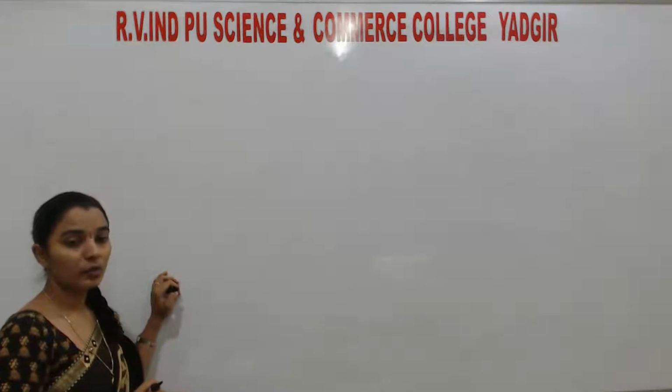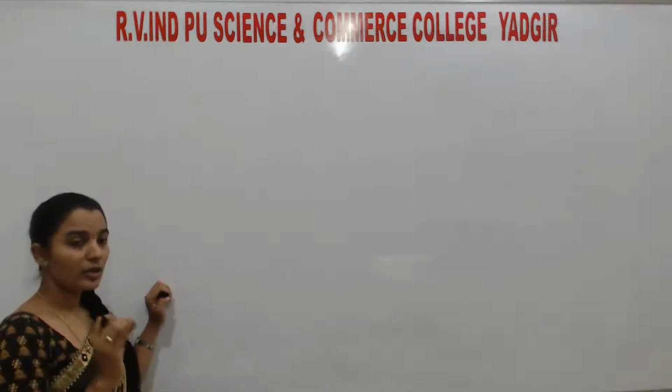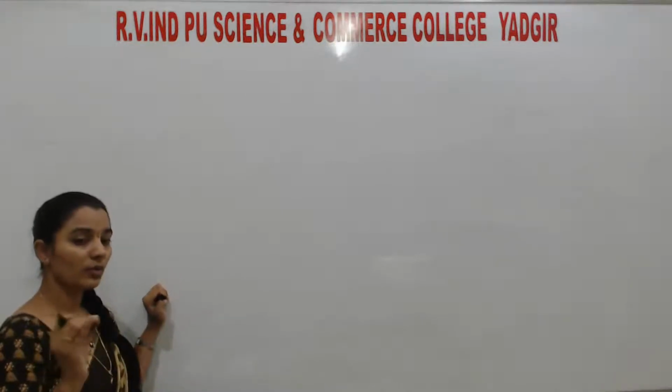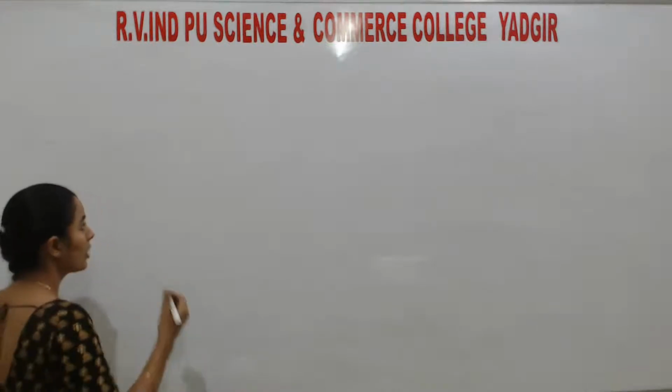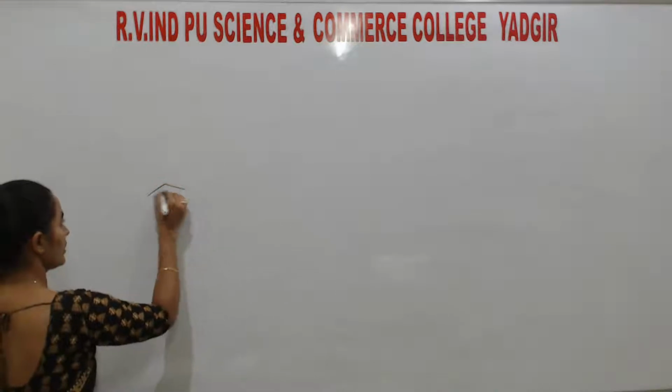Before explaining the halogenation and nitration, we need to check which products are more major, ortho, meta, or para. So students, I'll take the benzene ring here.